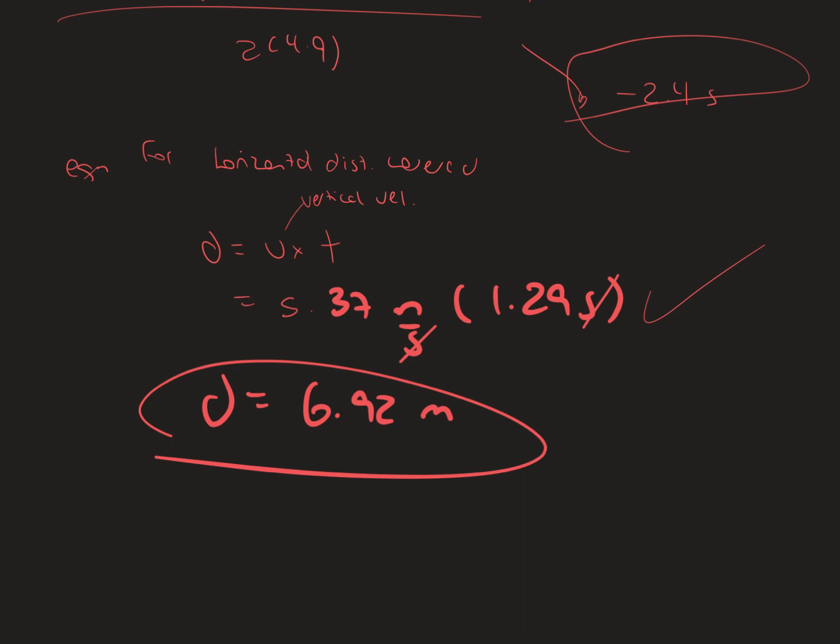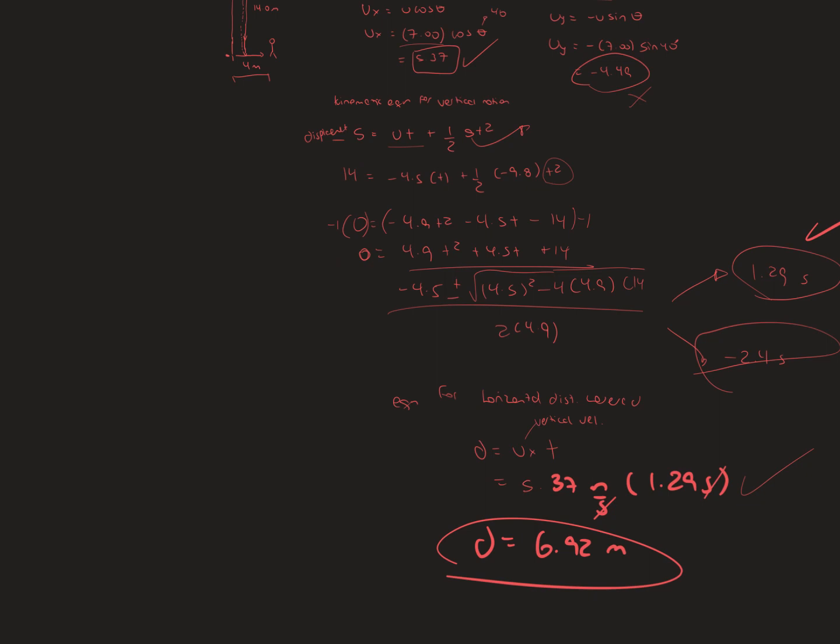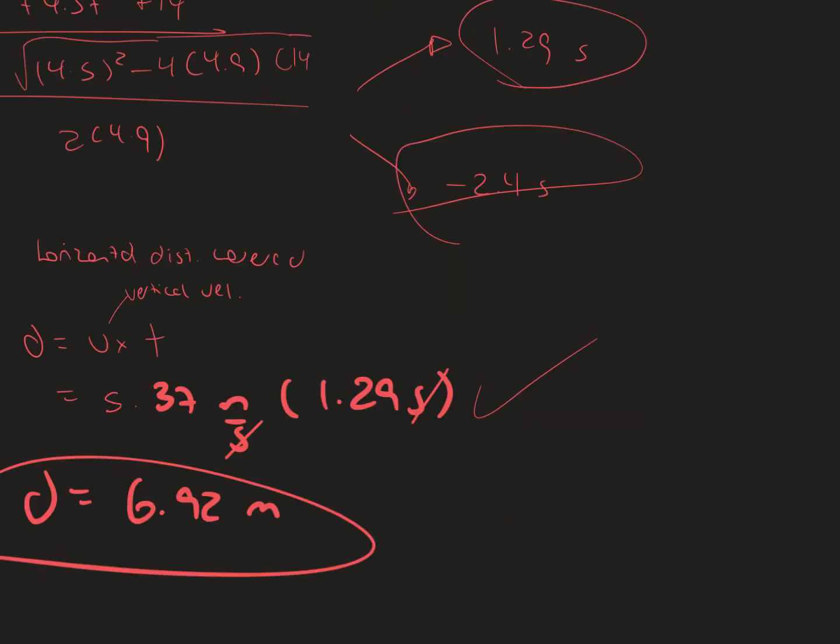As we do that, we cancel out the seconds, and we got a distance of 6.92 meters. So 6.92 meters is how far from the edge of the barn the snowball strikes the ground. And that's the final answer.